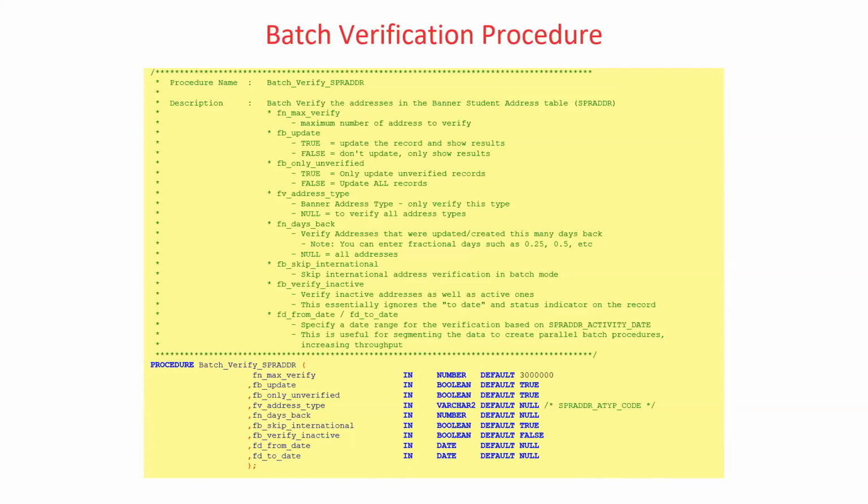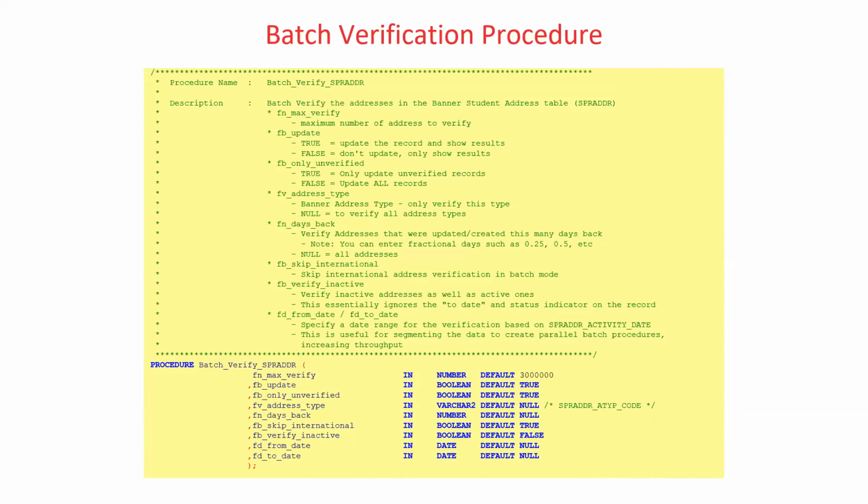The batch verification procedures go against tables in your database that might hold any address information that may need to be standardized, verified, and validated. In this case, we have SPRADDR, which is the address table that is used by the Banner student information system.